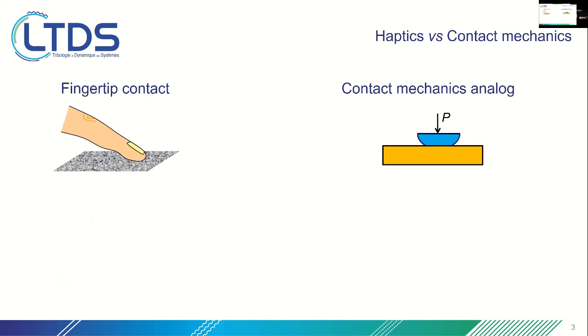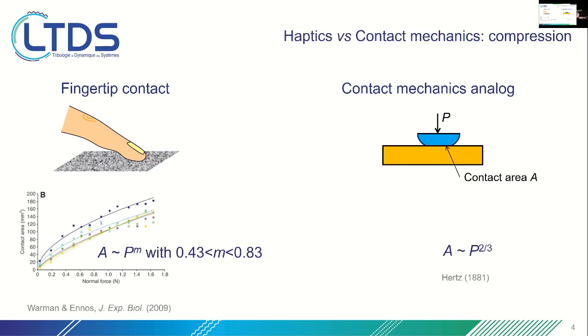In particular, in the elastic case, for a smooth sphere with linear elasticity, there is Hertz's theory from the 19th century, connecting the area of contact A to the normal force P through a power law with an exponent 2/3.